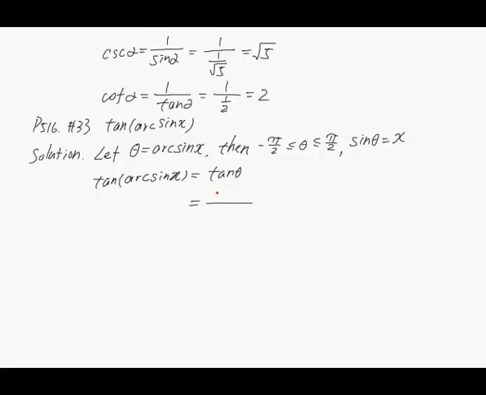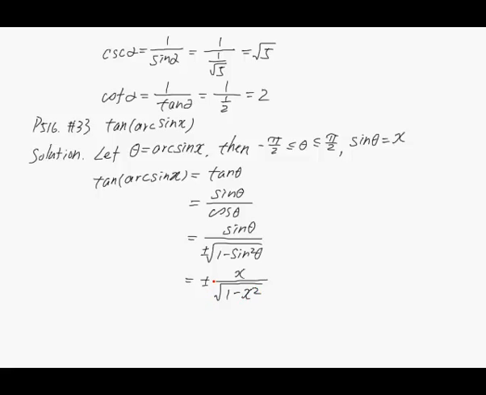We know tangent theta is equal to sine theta over cosine theta, right? And cosine theta, by the fundamental identity, is equal to plus minus square root of 1 minus sine square theta. So now we can replace sine theta by x. Then we get plus minus x over the square root of 1 minus x squared.